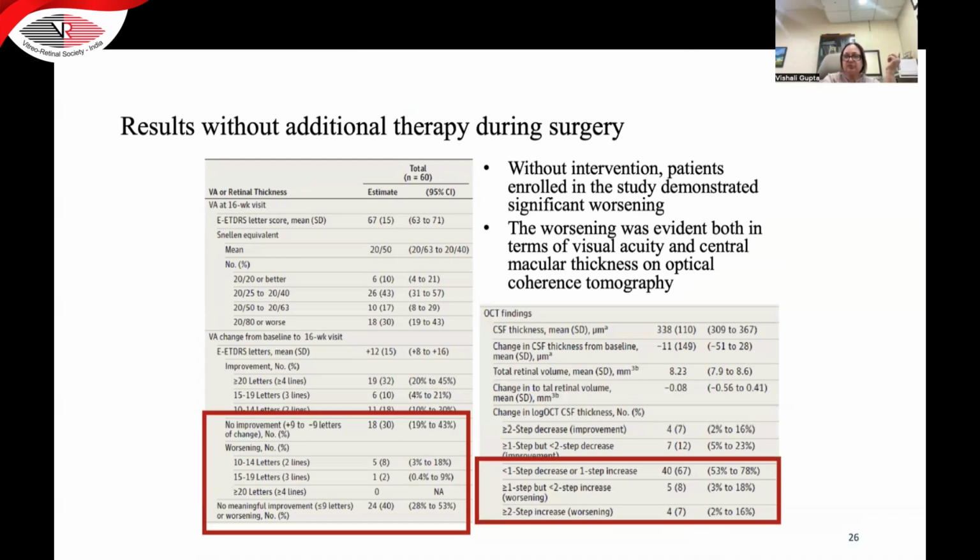This worsening was evident both in terms of visual acuity as well as the central thickness on OCT, which means whenever you are planning, you may have to combine it with adjunct therapy, which could be Ozurdex. I use DEX implant a lot because the main culprit for cystoid macular edema is inflammation. It is not VEGF. But if you are comfortable with anti-VEGF, that too can be tried.